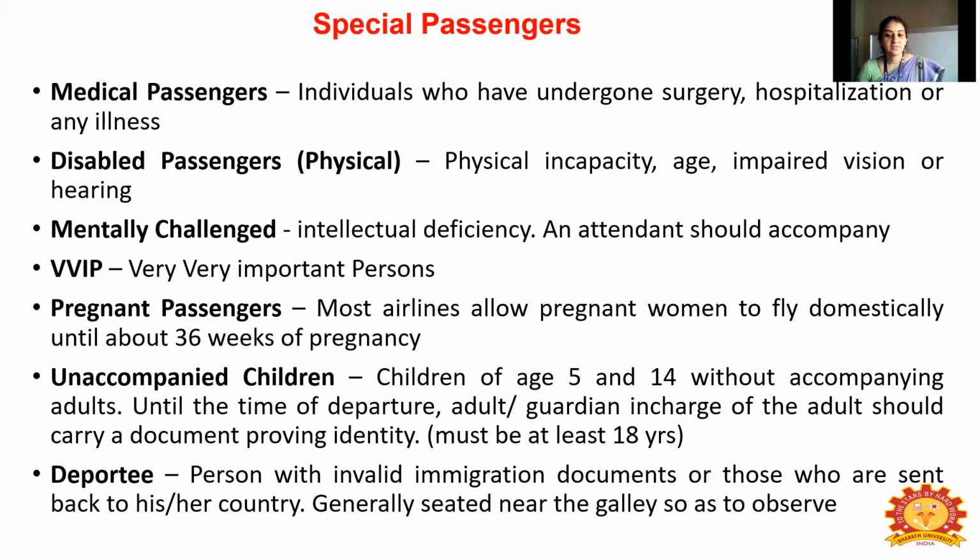Necessary care is taken that the person is properly dropped back into their own country. All these people are called special passengers, where additional attention is given, either as individual attention by a flight attendant or through specialized services.